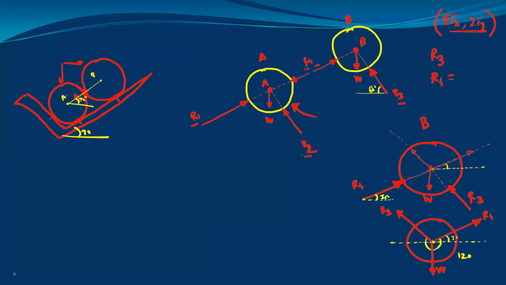Let's refer to the previous free body diagram. If this is 60, this is 60. So this angle will be the same, 60. So this total angle will be 90 plus 60, so this is 150. And this remaining angle will be 360 minus 150 minus 120. This is 90 degrees.